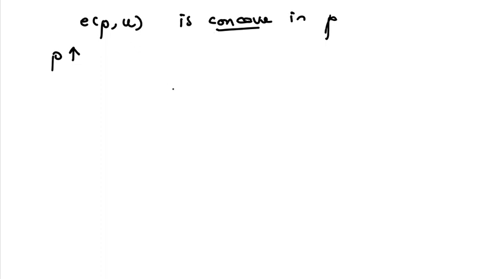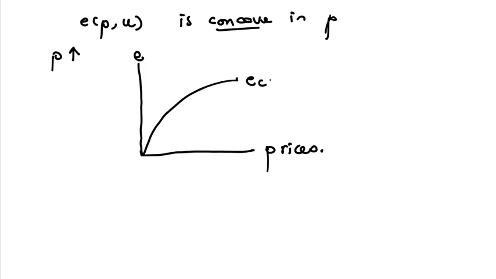If we put it in the form of a graph, you already know that the expenditure function looks like this. If we have prices here and expenditure here, it is concave like this. So E is a function of prices and also utility, given utility.